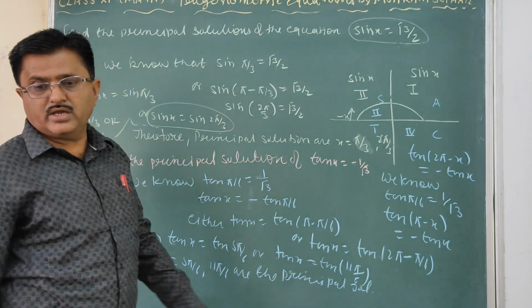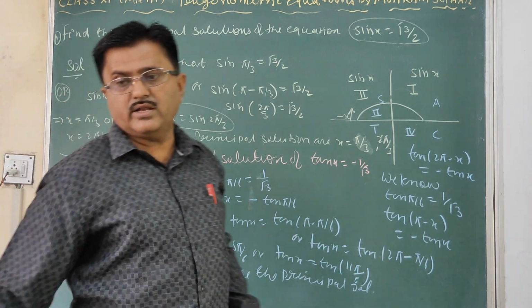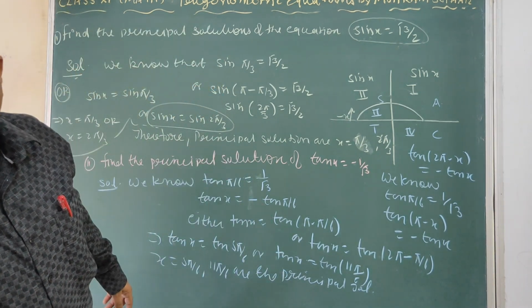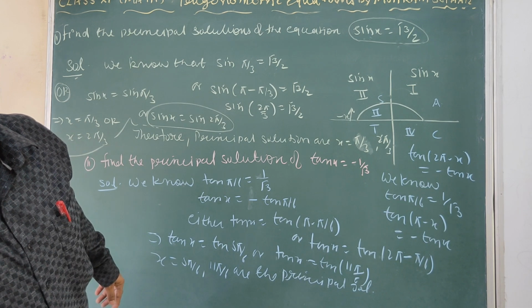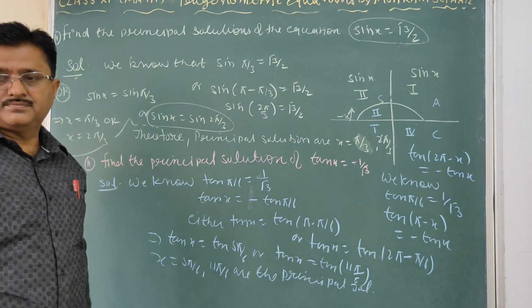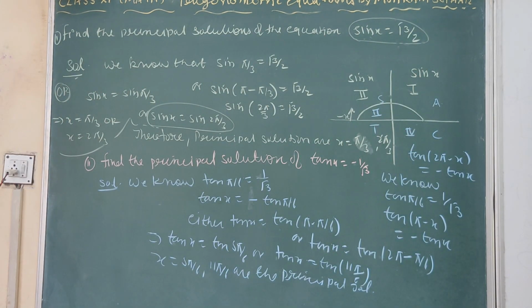So in this way you can find the principal solutions of the given problem. So write down: principal solution of any function we have to find using the quadrant and their sign.